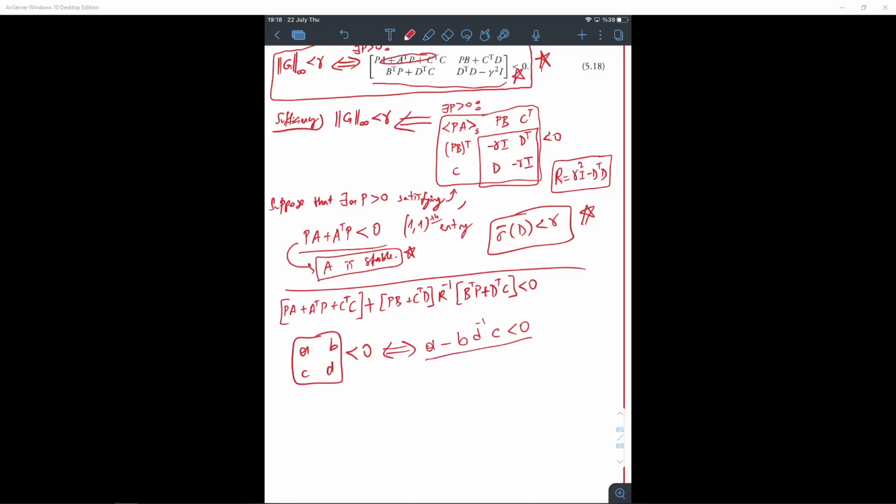That was A here, that was B here, that was D here. Okay, here D inverse, or R inverse in this case, and this is C.